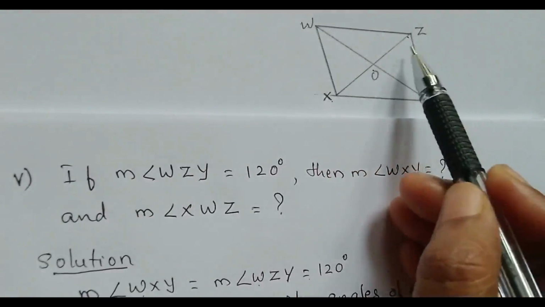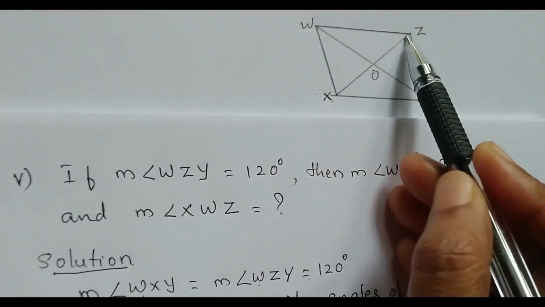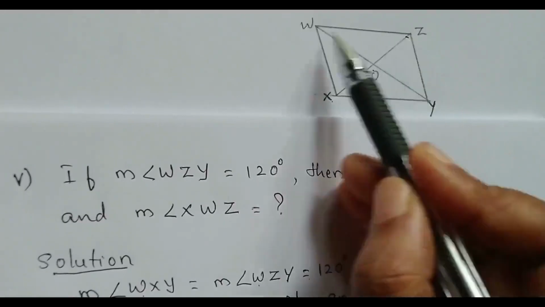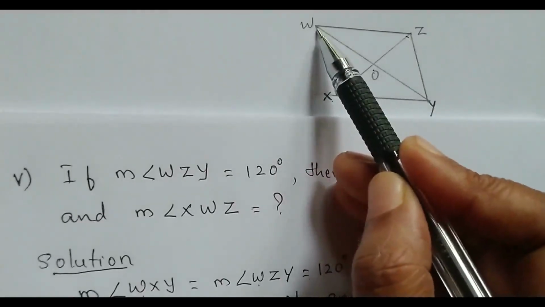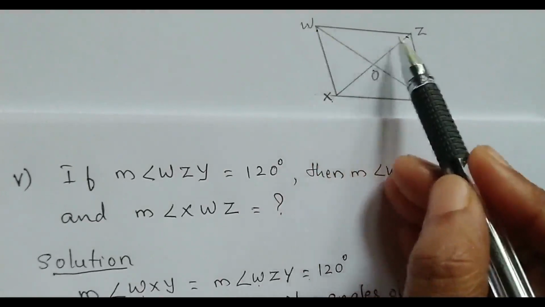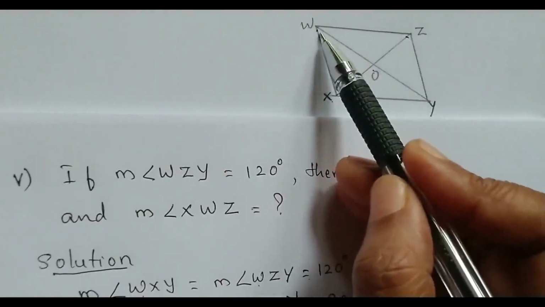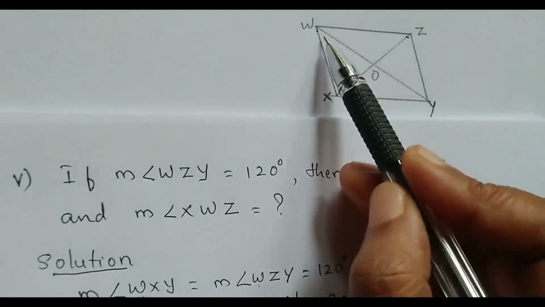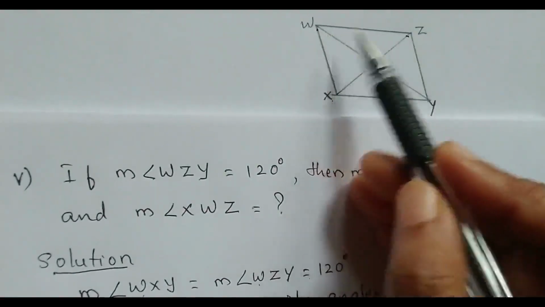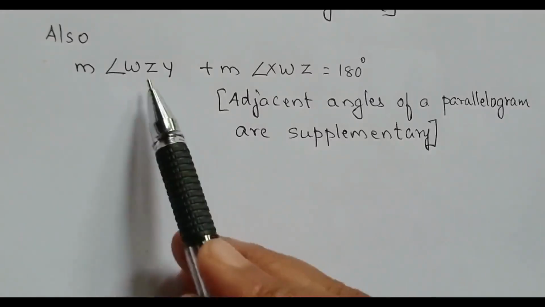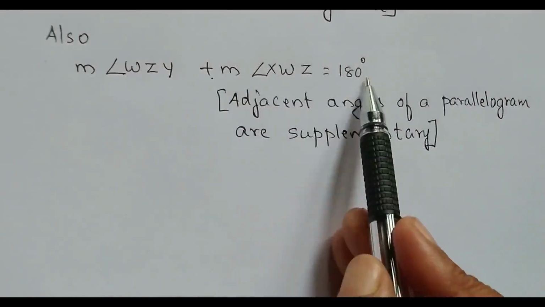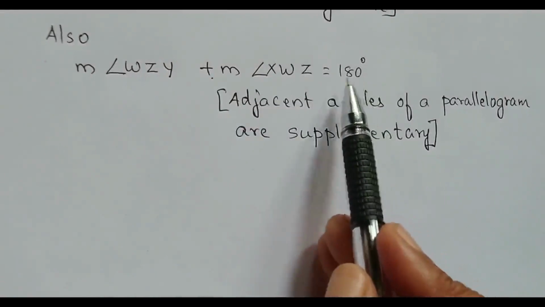We know that measure angle WZY is 120. Now angle Z and angle W are adjacent angles. And in a parallelogram, the adjacent angles are supplementary. So we can write the sum of these angles as 180 degrees. So measure angle WZY plus measure angle XWZ is 180 degrees.